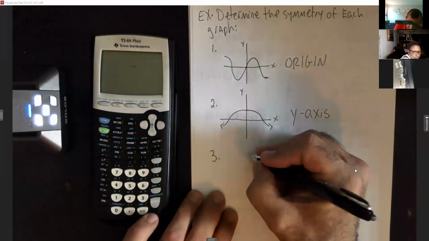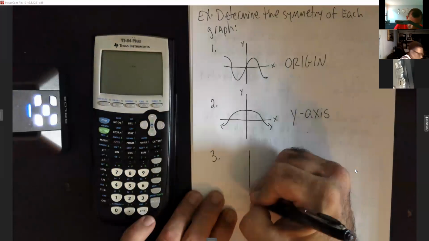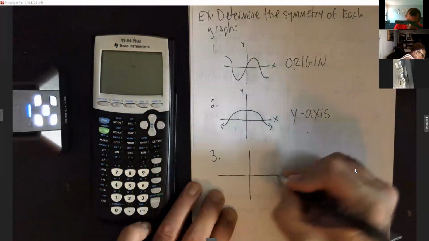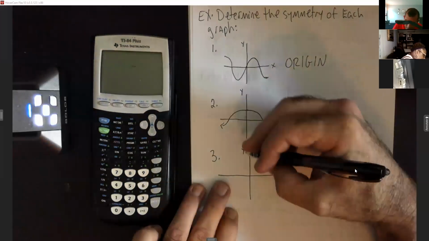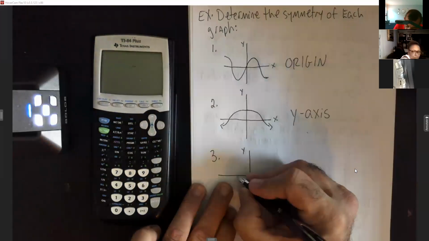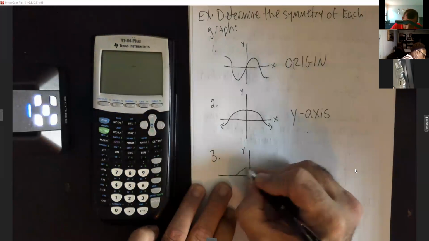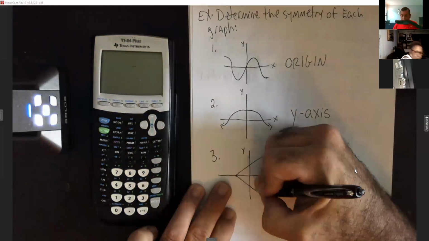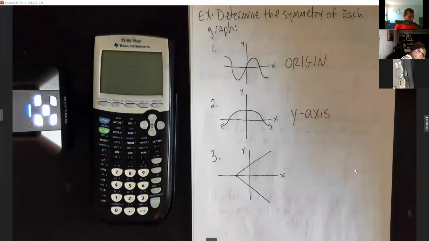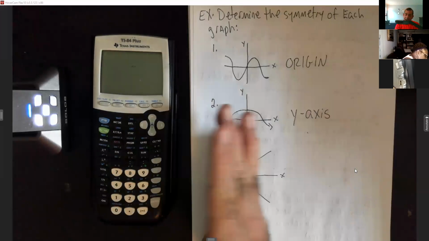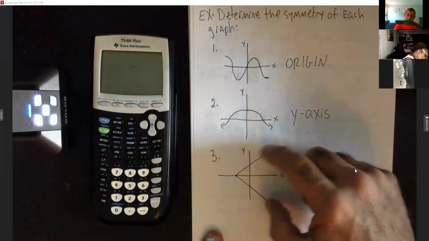All right, let's see this third one here. So this one, they sort of drew like I drew a while ago. Alrighty, so I would check my Y first, but when I fold it over the Y-axis, this part here lands up here.